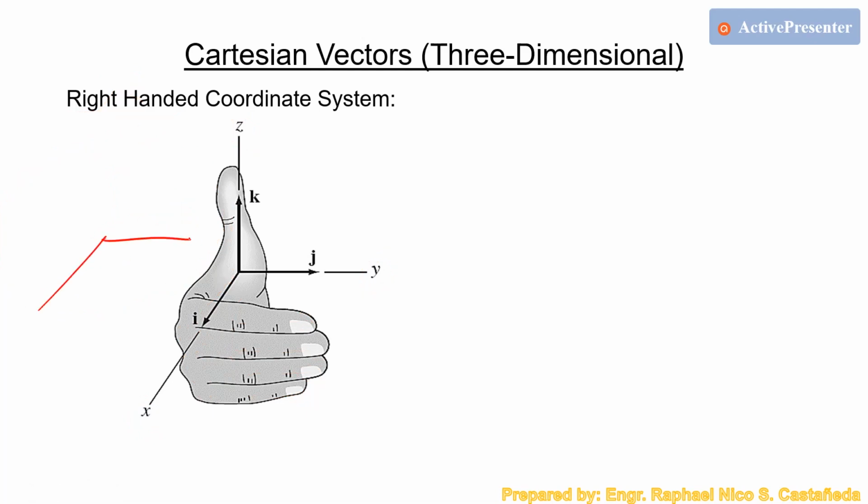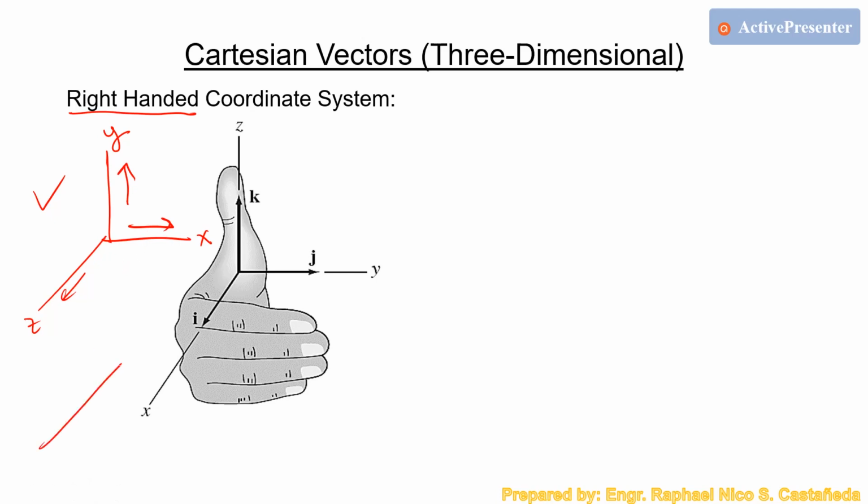If you want to interchange it, let's say this is x, y, and z. Basically, this is a correct pattern for the right-handed coordinate system, because this one is still following the right-hand rule. If your thumb is pointing in this direction, you can see that your fingers will point here and your palm will point here in this direction.